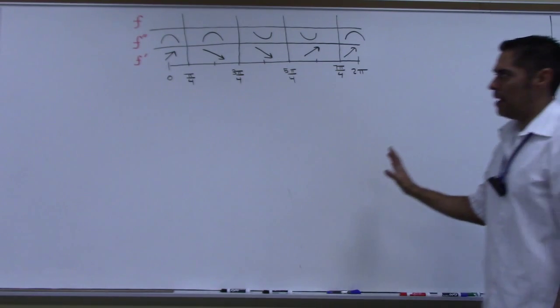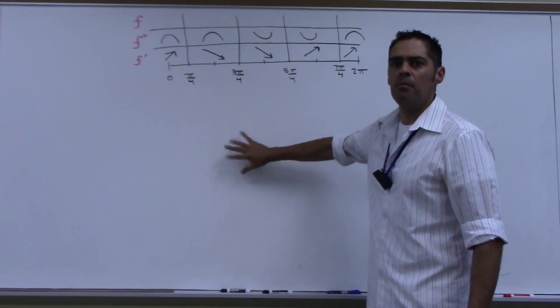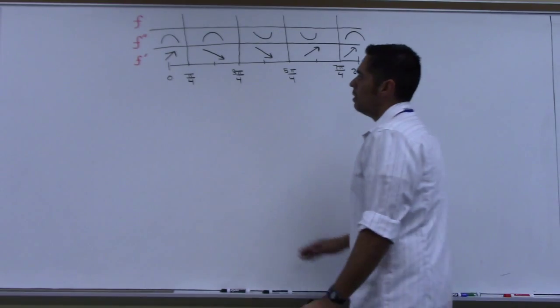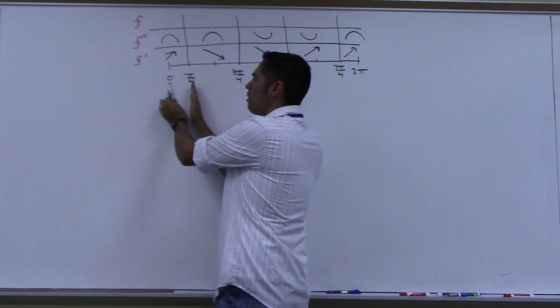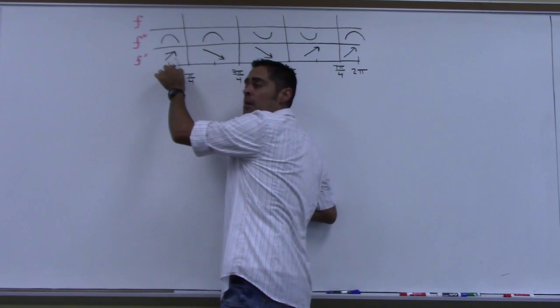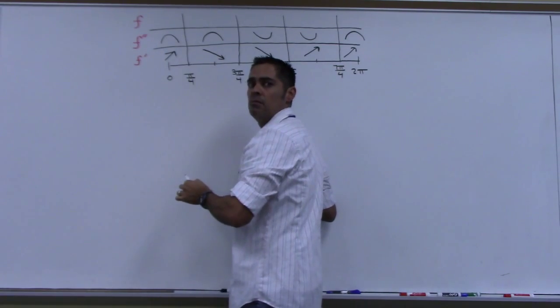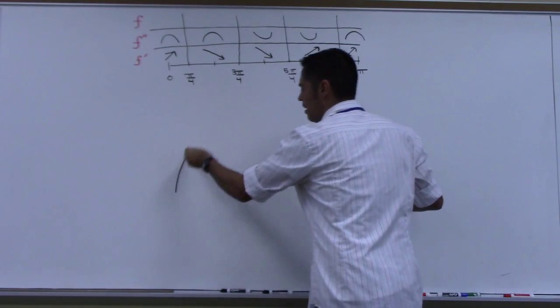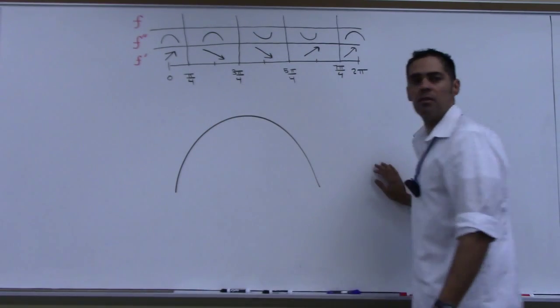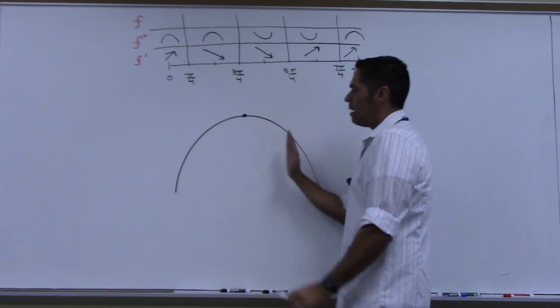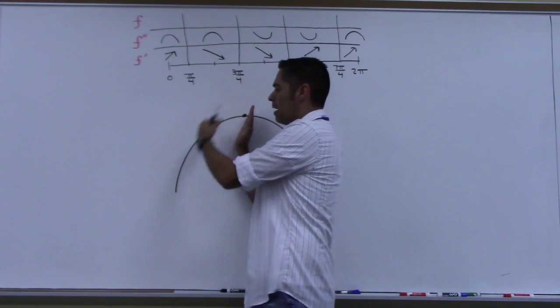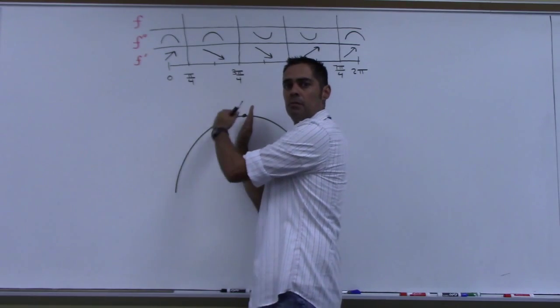Now we have to think about this. I'm going to put something here, but don't write anything. I just want you to think about something. What we're saying is between 0 and pi over 4, we must be going up, but we must be concave down. So look at a concave down. This is what a concave down looks like. If I go to this peak point, when I'm to the left of this peak point, am I going up or down? Up.